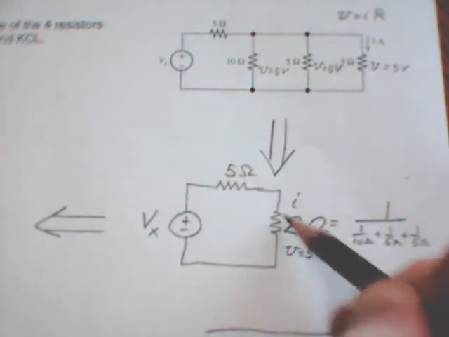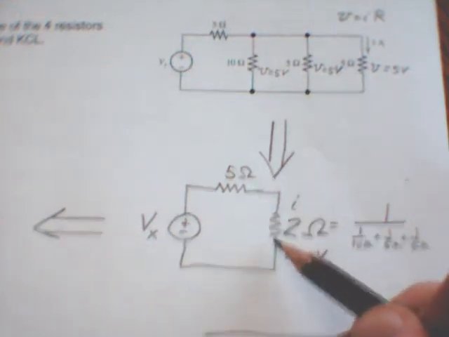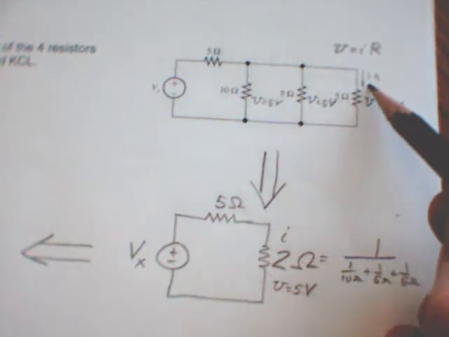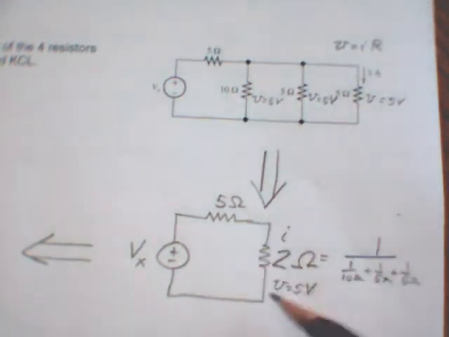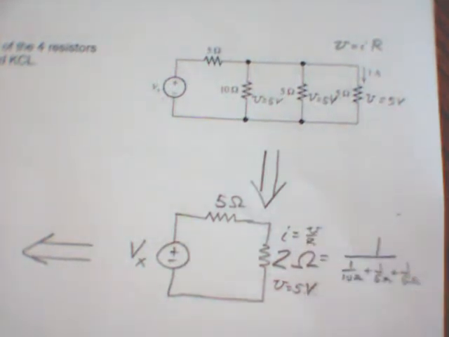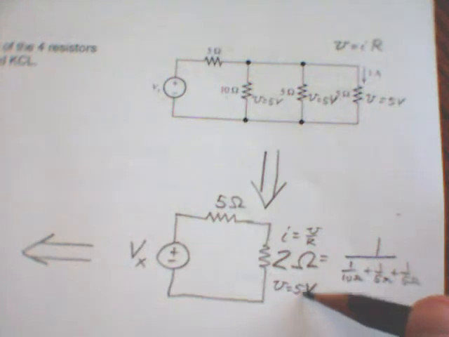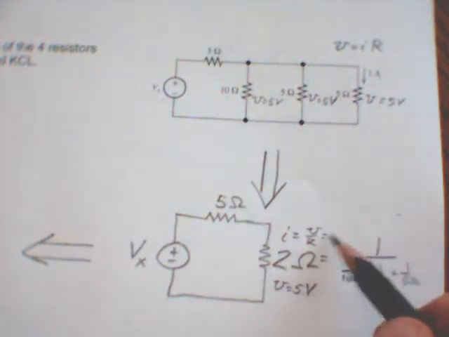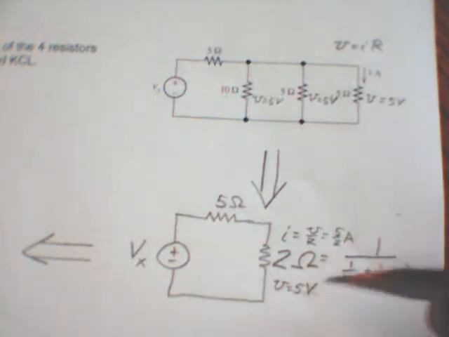But that's only the current going through this one, and it's going to be different than 1 amp because this is an equivalent circuit. So using Ohm's law again, it would be V divided by R, and the voltage is 5, the resistance is 2, so that's 5 halves of an amp.